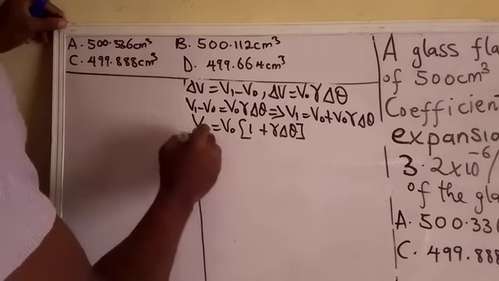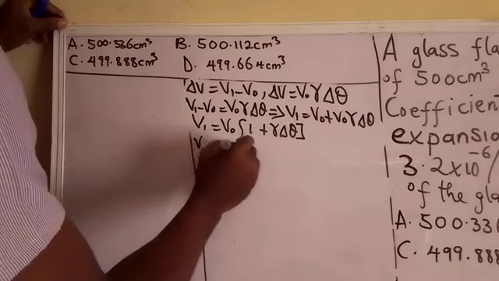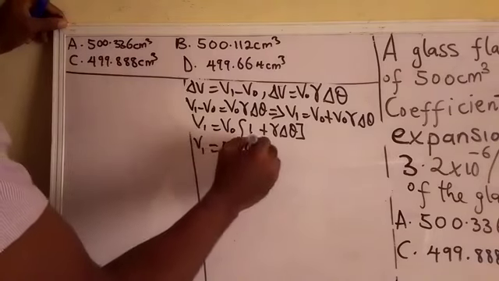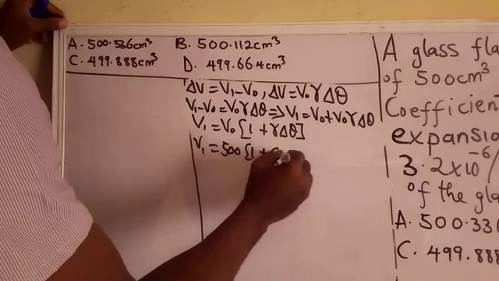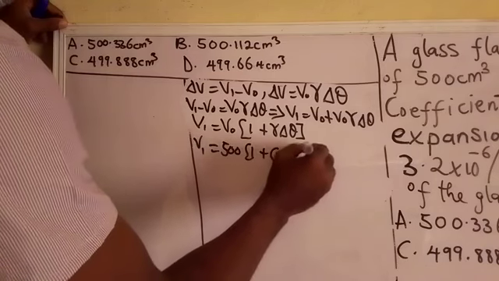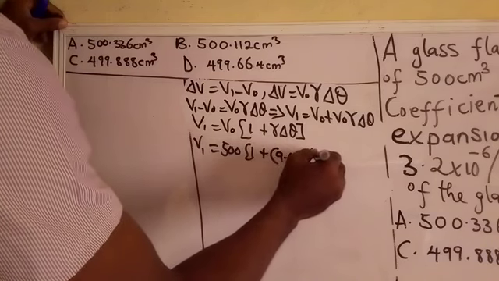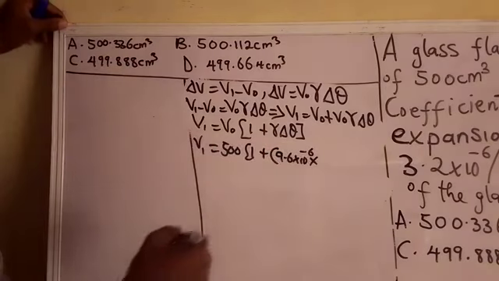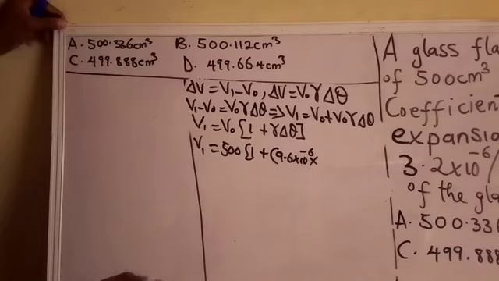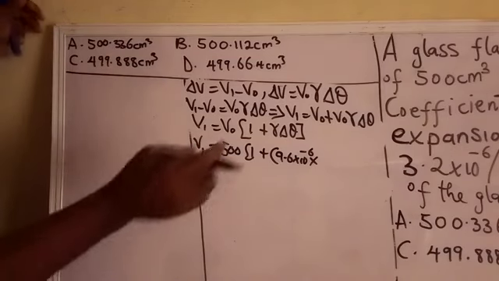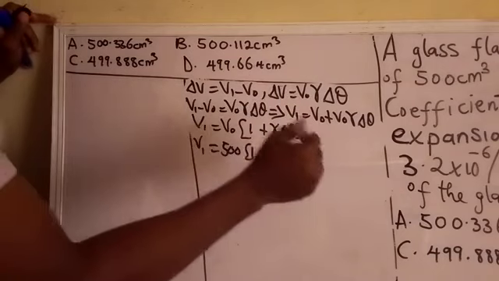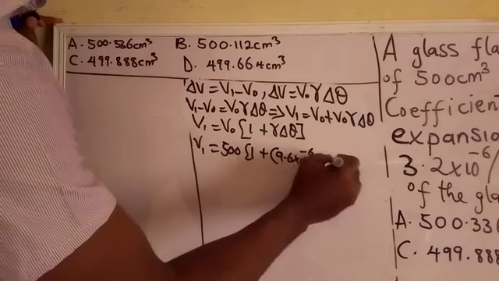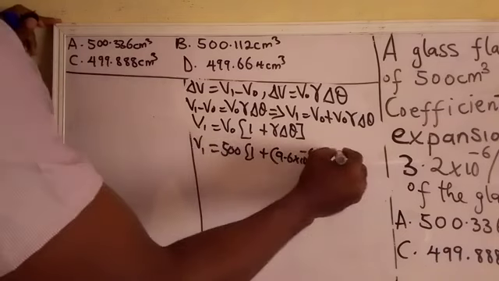So V1 is 500 for V0 into 1 plus gamma, which is 9.6 times 10 raised to the power minus 6, multiplied by change in temperature, which is minus 70. Now, do you know what? Most learners don't take that minus 70. They drop the minus and go with 70. Now, see what happens if you go with that plus 70.